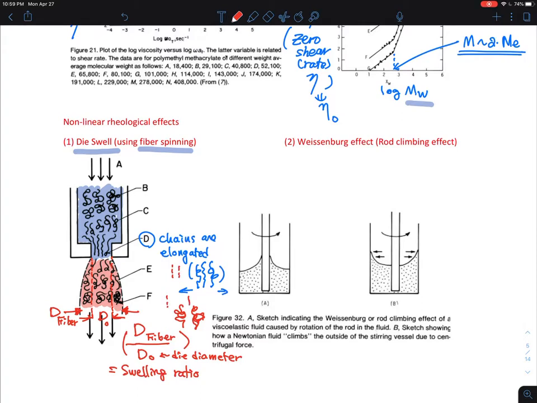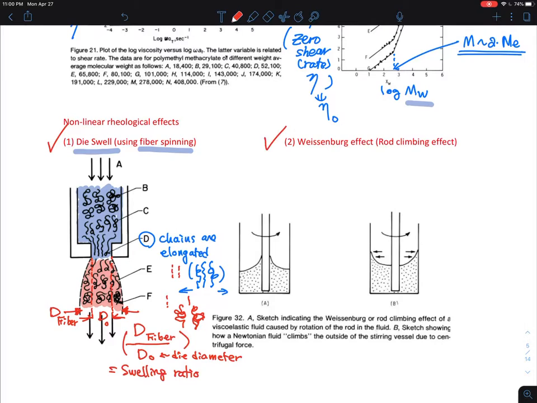So that's one way that the polymer chains act more like a spring. They want to have more of a Gaussian coil, but when they are stretched due to the processing condition, and those constraints are relieved, they want to have a molecular motion, and we can see it as die swelling in the first case.